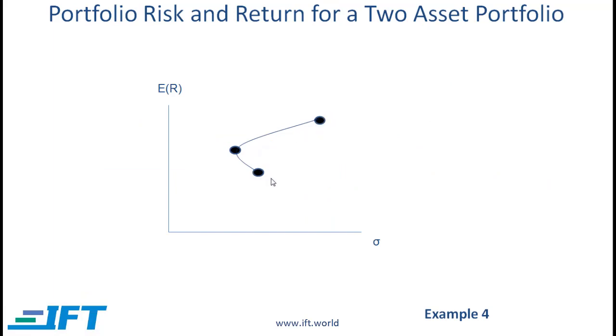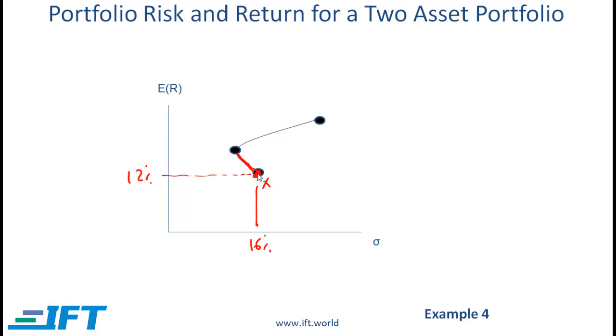If you are 100% invested in X, let's say that's represented by this portfolio over here, then your expected return is 12% and the standard deviation is 16%. As you start adding Y to the portfolio, initially you will get a diversification benefit because the correlation between the two assets X and Y is less than 1.